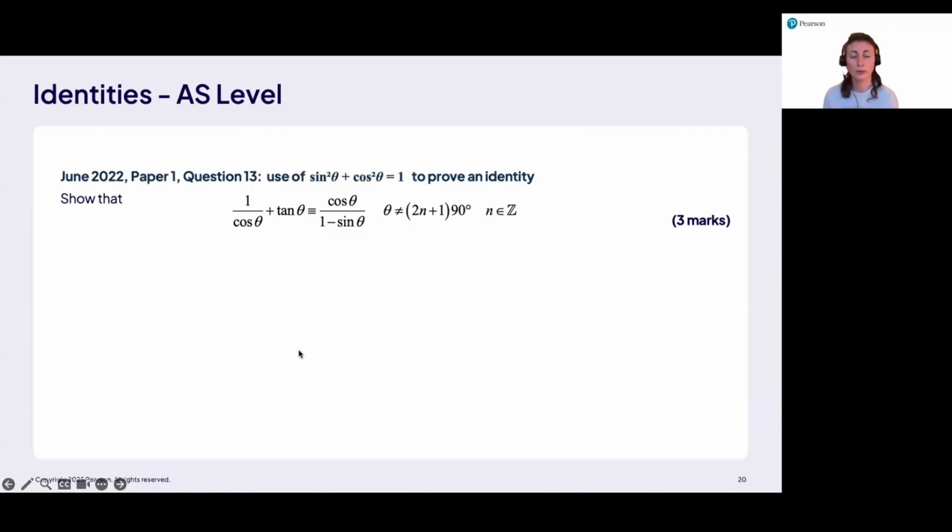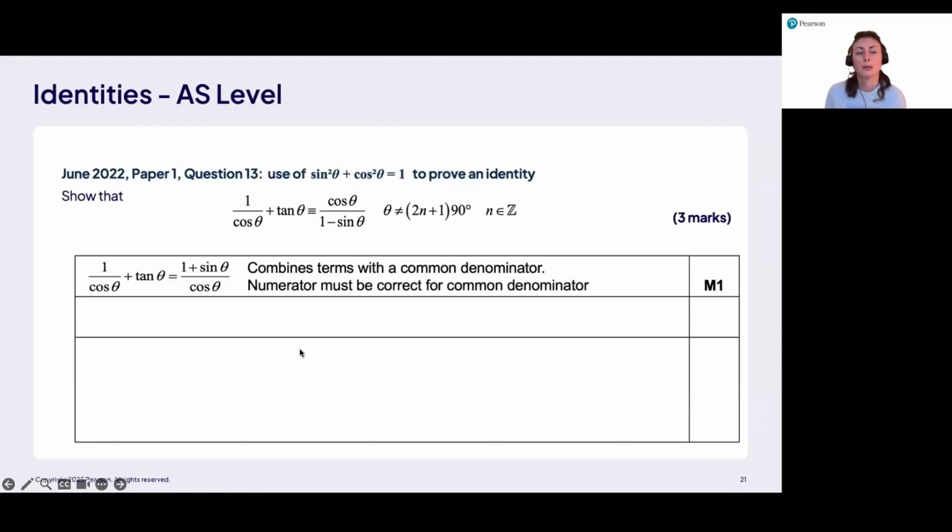I like to go from left to right. And so that tan needs to go. Substituting tan with sine over cos. And then another thing that has been actioned here in the first mark is combining the terms. So we've got 2 terms on the left and we only want 1 term. So getting those over a common denominator.